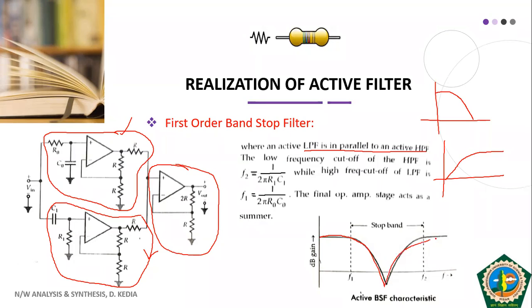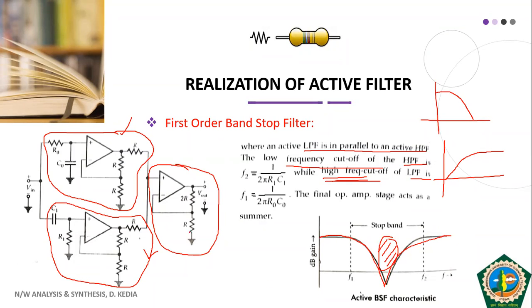Obviously we will need to manipulate the cutoff frequencies accordingly. So for the high pass filter, we'll have a low frequency cutoff, and for the low pass filter we'll have a high frequency cutoff. If you ensure that, then this portion will come under the reject band or the stop band.